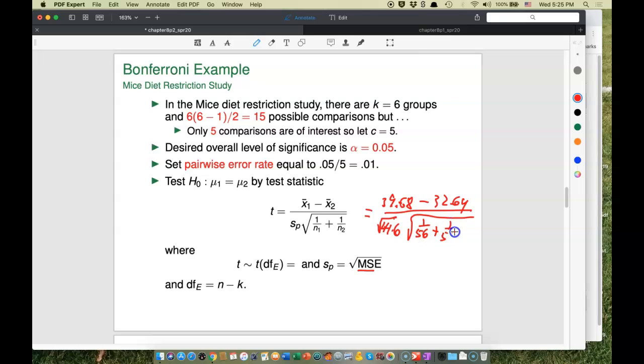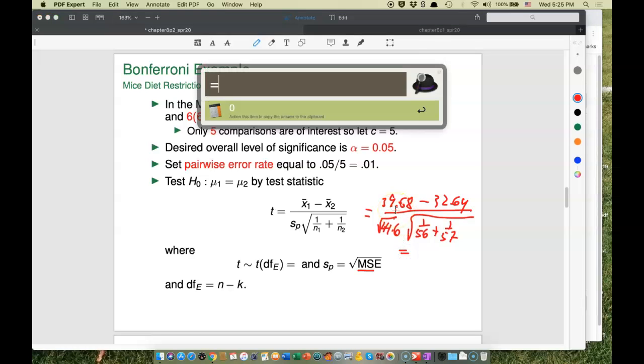Now we could have R do these calculations, but at this point in the course, it's nice to get our hands dirty a little bit and make sure that we know what's happening behind the scenes. So 39.68 minus 32.69, divided by the square root of 44.6 times the square root of 1 over 56 plus 1 over 57, and we get 5.56 showing up.